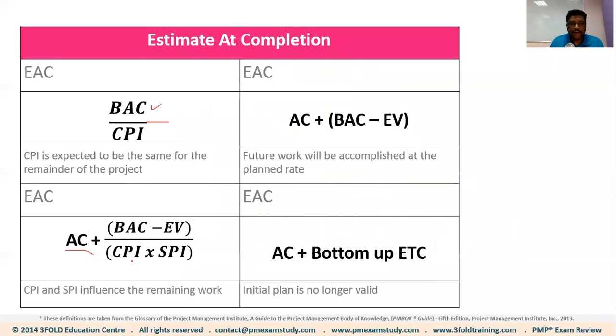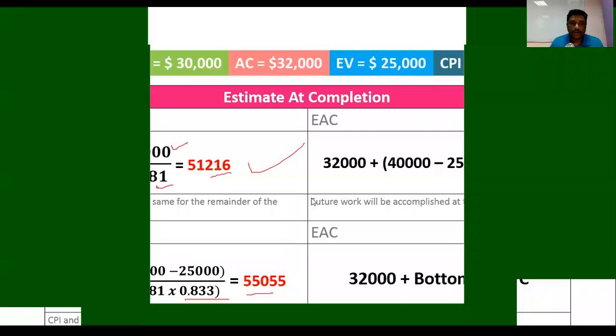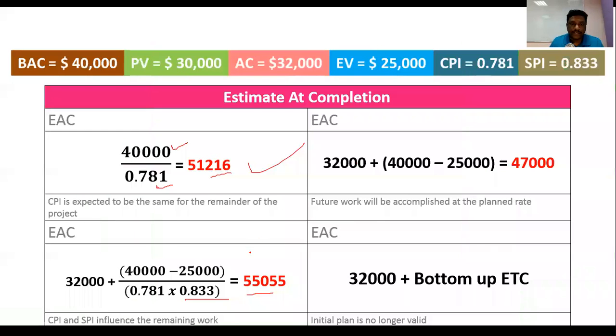And of course, when both values are less than 1, when you multiply, the value will go even lower, around 0.65. So when you do the math, the value is 55,055. It will be much higher than the first assumption EAC, because here we are also taking schedule performance into account. That's the third assumption.